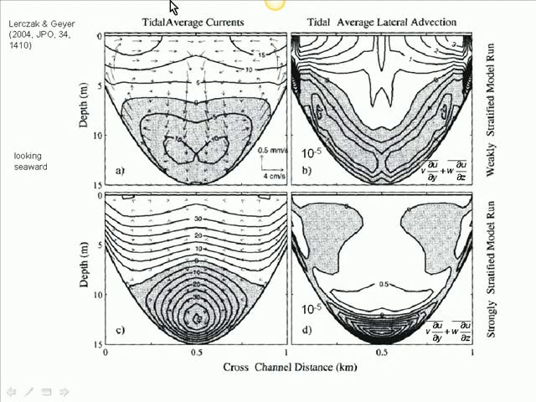And notice here that for a weakly stratified situation, this would be spring tides, you have outflow and inflow vertically sheared, and you'd have this lateral circulation that looks like that. And this arises from the fact that during flood, you have the advection of high salinity water in the channel.